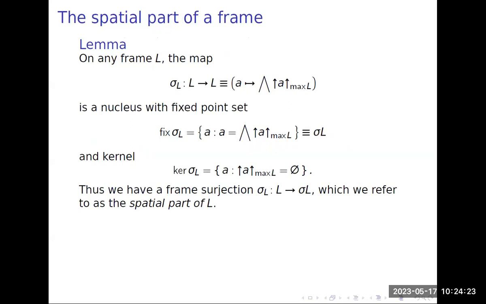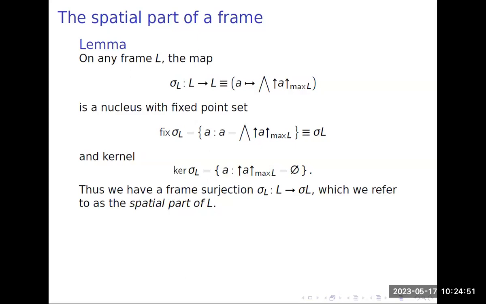Right? And the passage from the frame to the sublocale is the passage which takes an arbitrary member of the frame and pushes it up to the meet of the maximal elements above it. Right? That then forms what's called the nucleus on the frame, whose fixed point set is the sublocale representing the spatial part of the frame.